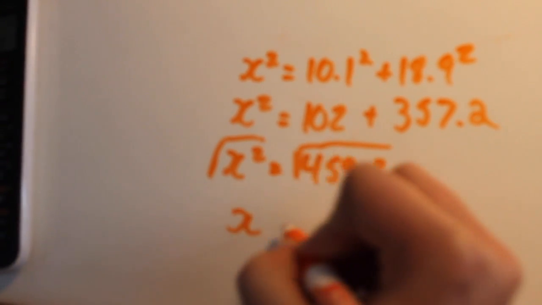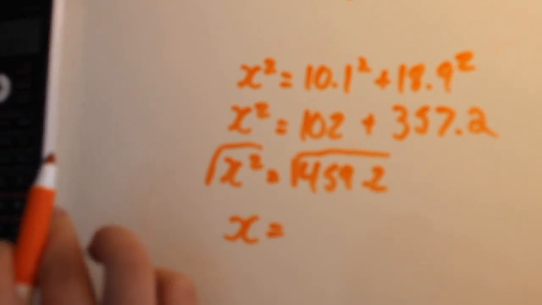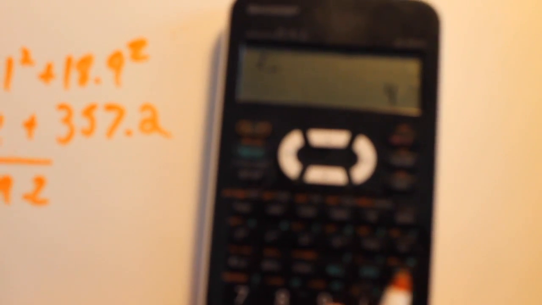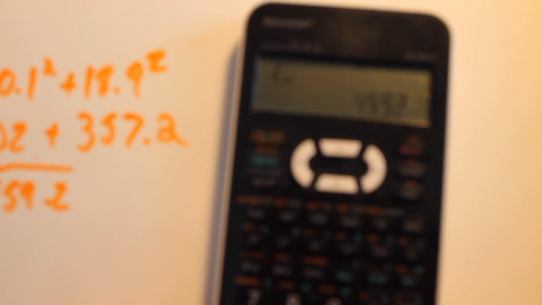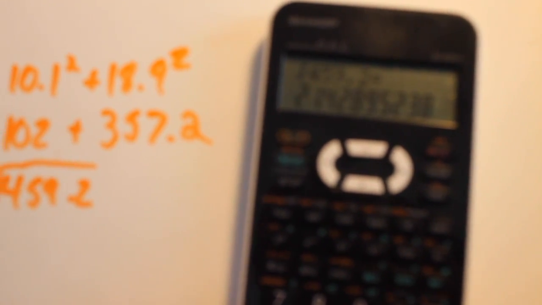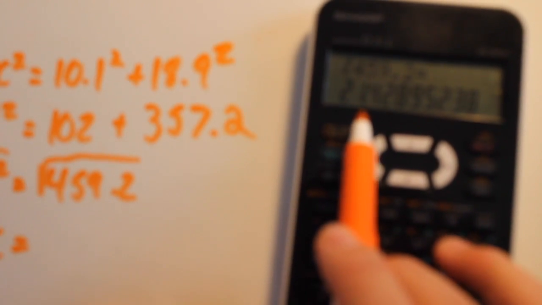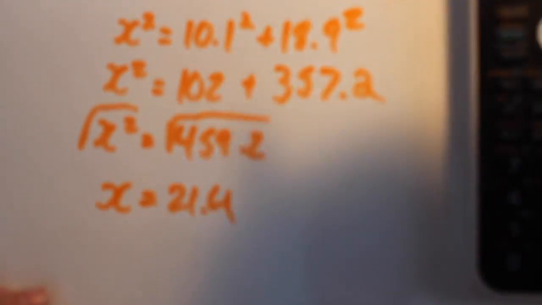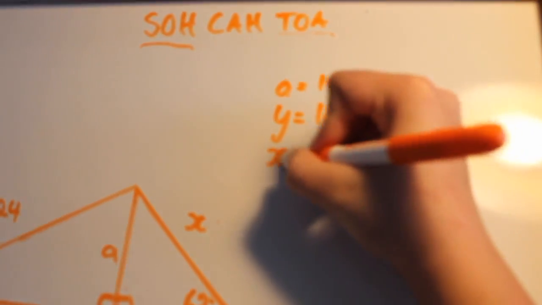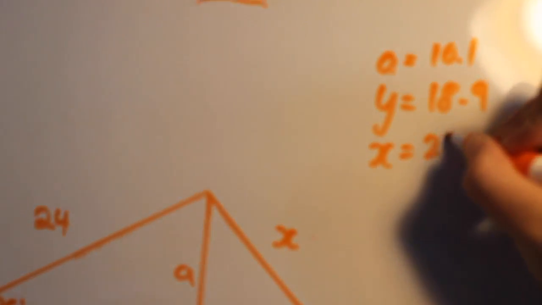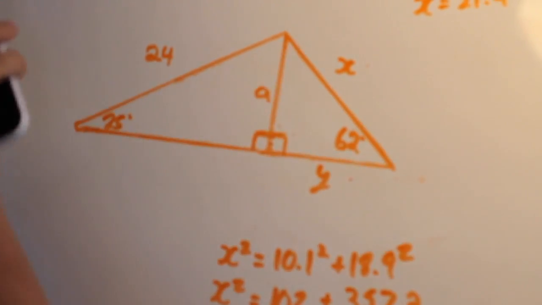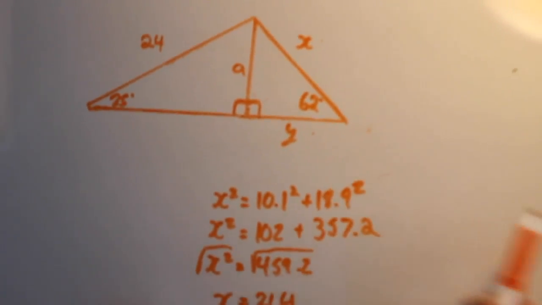So that leaves us with x is equal to the square root of 459.2, which is equal to 21.4. So x would be equal to 21.4. Now we know how to solve two right triangles.